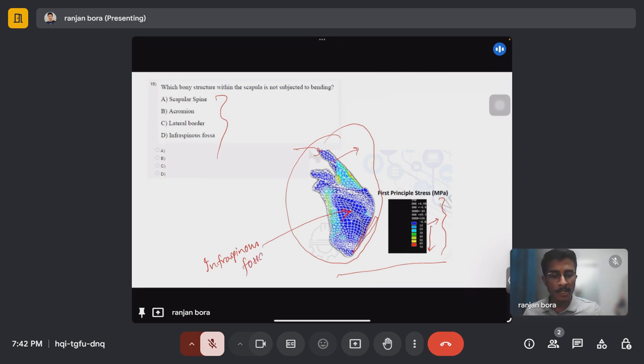So this infraspinous fossa has the least stress values, which are blue colored. So that's why here option D is correct. It means there will be no stress, zero stress, developed if we apply the bending load to scapula.